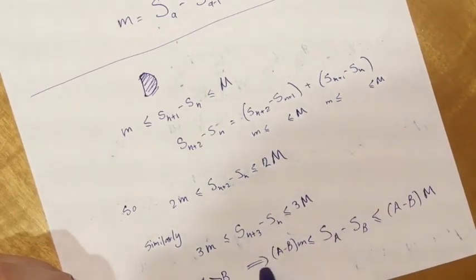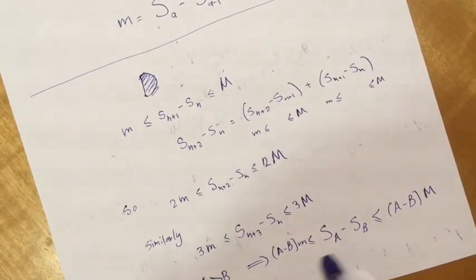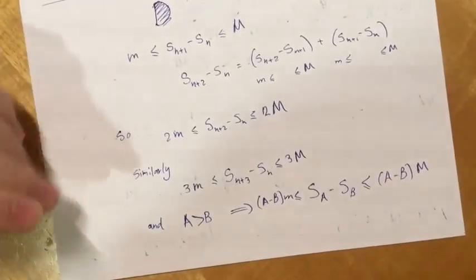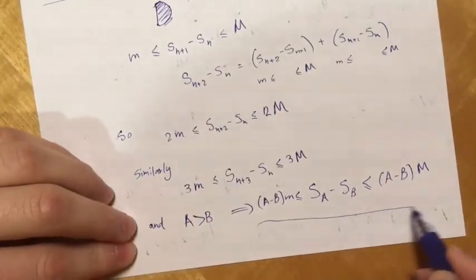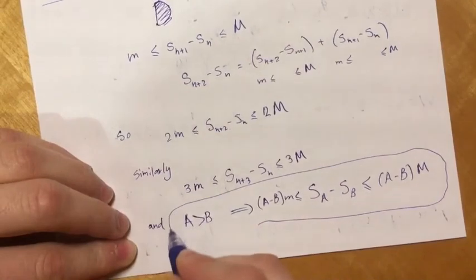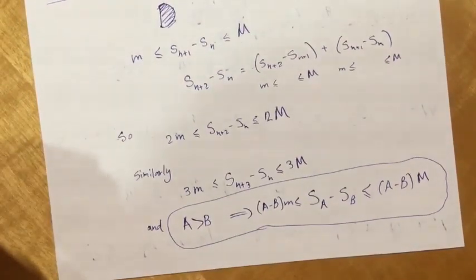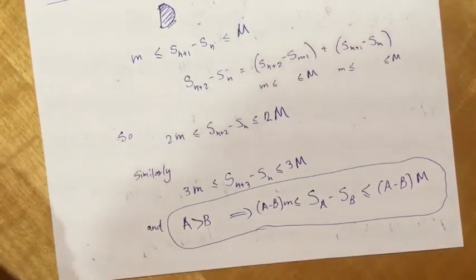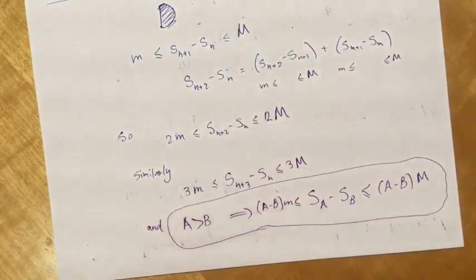Now for the other equality to hold, you want the other way around. You want all these differences to be equal to small m. So this relationship is very crucial to solving the IMO problem, and we'll see next how we can essentially wrap up the question.